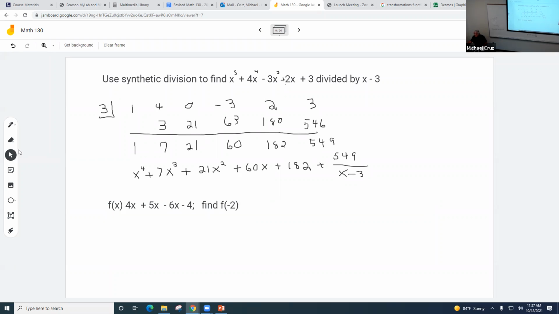All right, so let me doctor this up. So it was cubed and squared there.